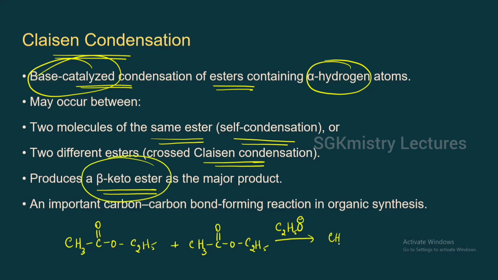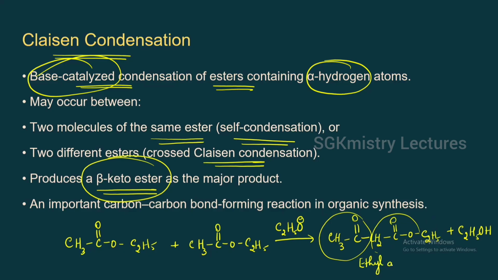So you're going to get the product CH3COCH2COOC2H5, and along with that, we also get ethanol. This is ethyl acetoacetate.